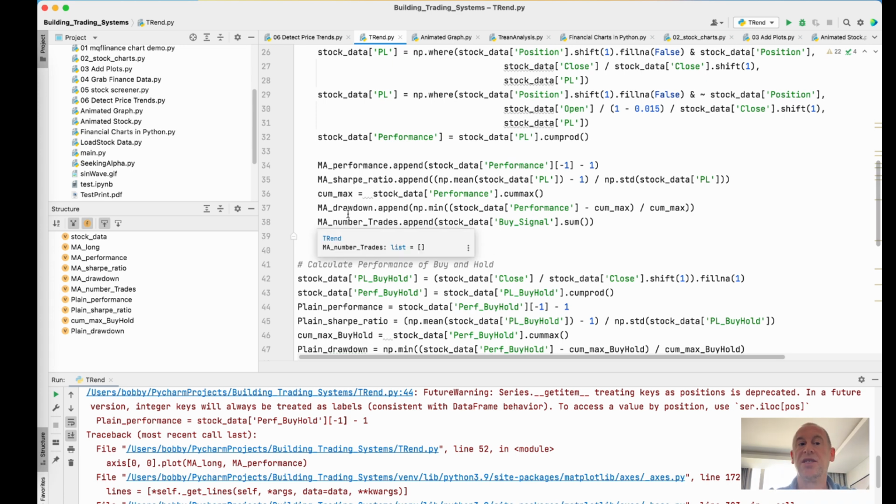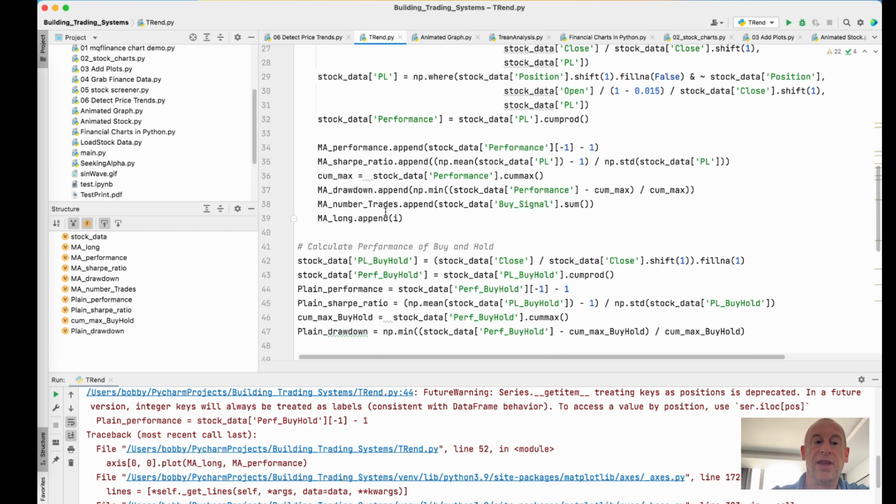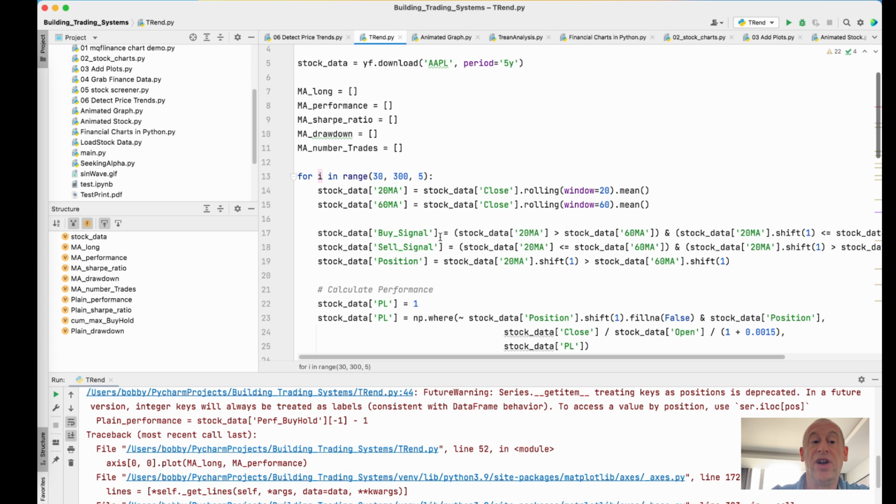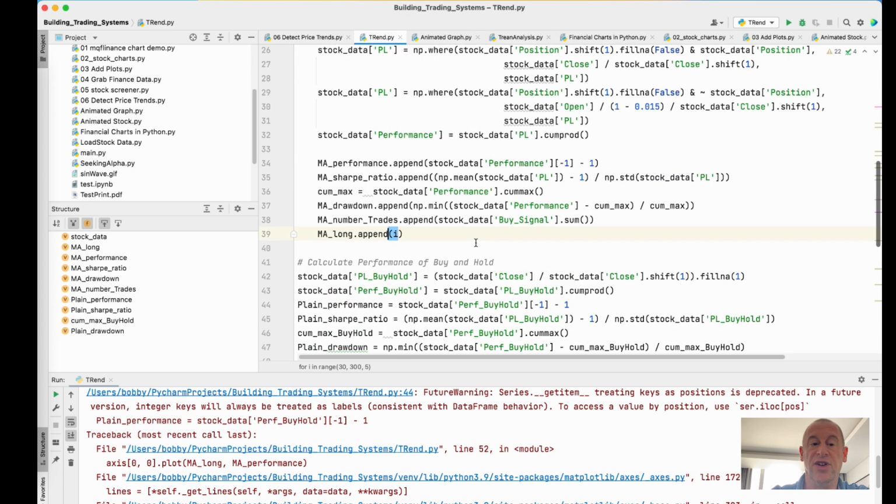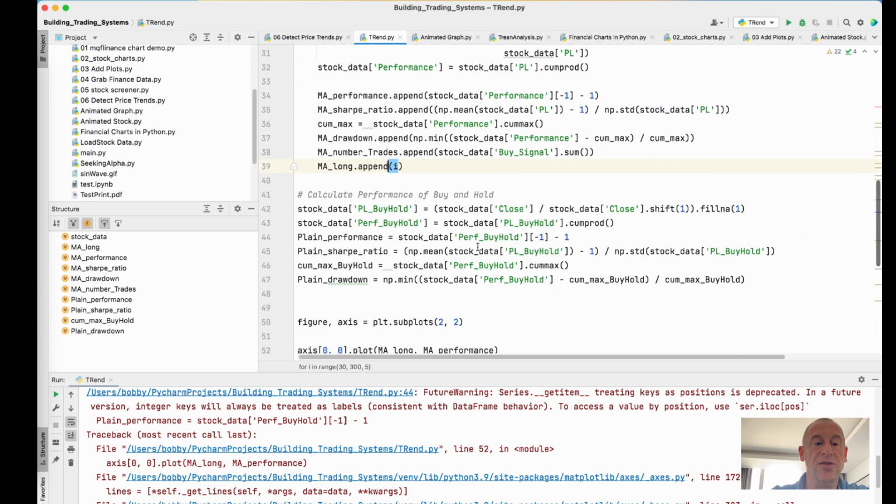This means the loss from a maximum to a local minimum. And I also check the number of trades, and this is the i, the variable for my moving average, which I will explain then.